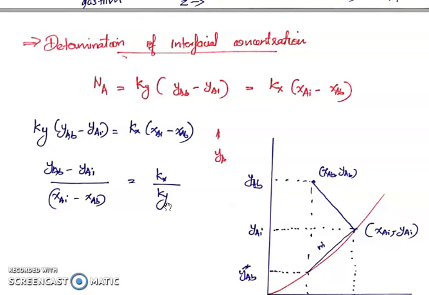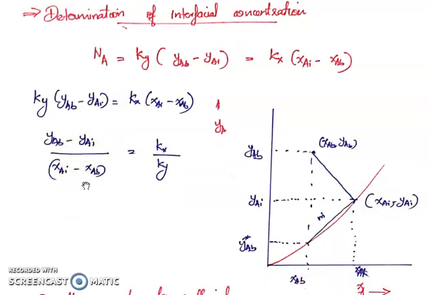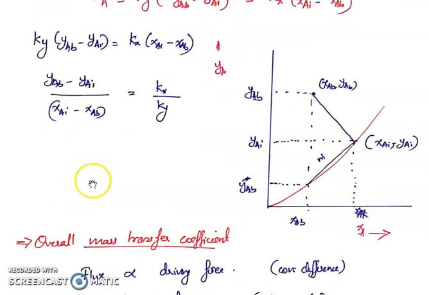You can use any correlation, theories of mass transfer, or an appropriate method to find the mass transfer coefficients. If we know them, from their ratio we can calculate the slope, and equating that slope, we can calculate the interfacial mole fractions. Okay, I hope that is clear.